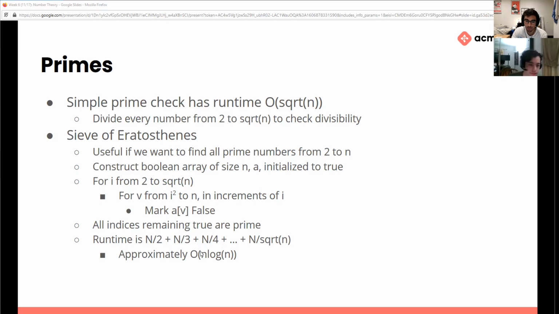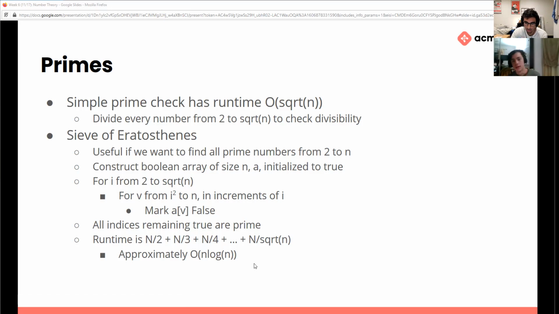Oh, okay. I guess that comes from the fact that the frequency of prime numbers is 1 over log n, so the nth prime number is around n log n. So it's n times the sum over 1 over n log n, and that's log.